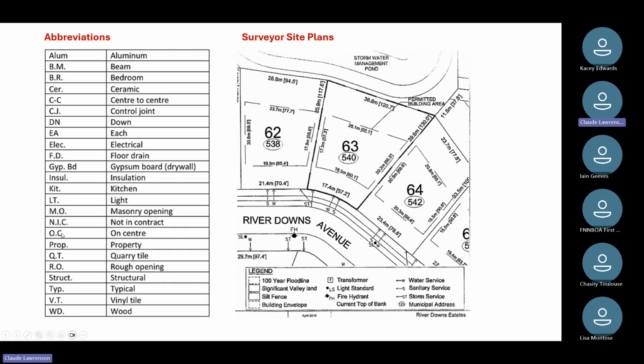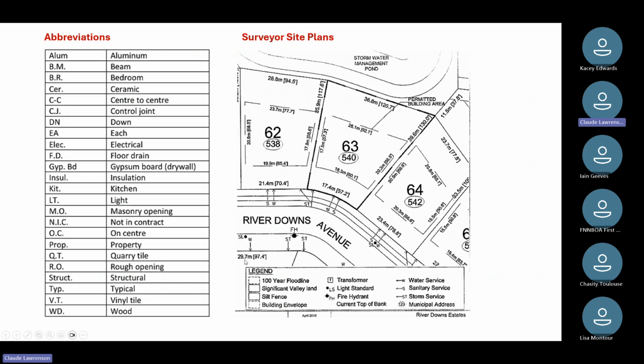So when we talk about things such as joists or wall studs, we're talking about OC. Or something like NIC, that means not in contract. Or MO, masonry opening. Or we could jump up and talk about other things here. So for example, WD, representing wood, or RO, a rough opening. So a framer's rough opening before, let's say, a door or window is going to be placed in. So again, the language of architecture.